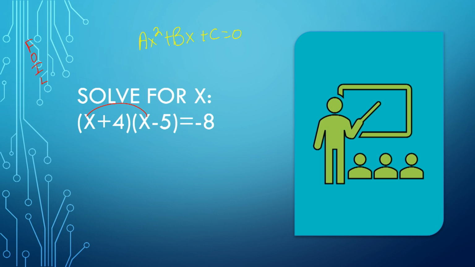My first terms, which is x squared. My outer terms, which would be negative 5x. My inner terms, which is going to be plus 4x. And then my last terms, which would be negative 20. So now, always, always, always got to make sure that we are putting those like terms together. So here they are. So then let's write this.